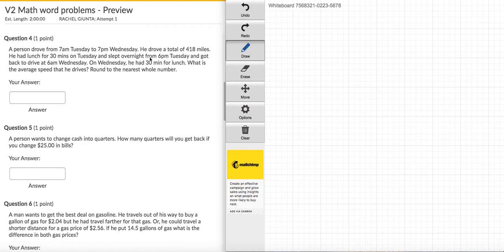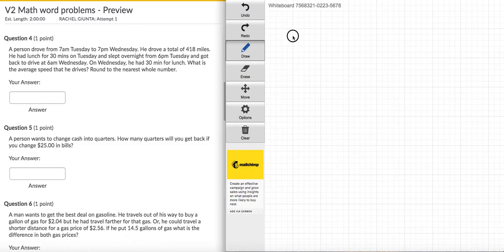So the easiest way to solve this is to look at what he did on Tuesday, look at what he did on Wednesday, subtract out the time for lunch, and then you've got the number of hours total that he drove, which you'll need to get to the speed. Getting to the hours is the more complicated, more steps part of this.